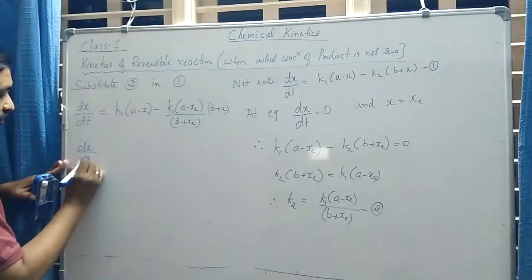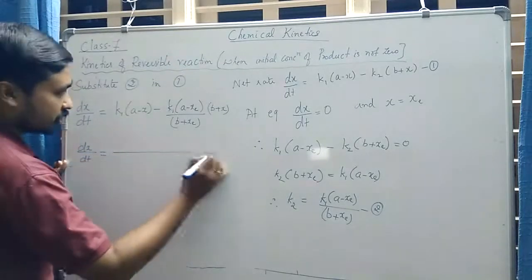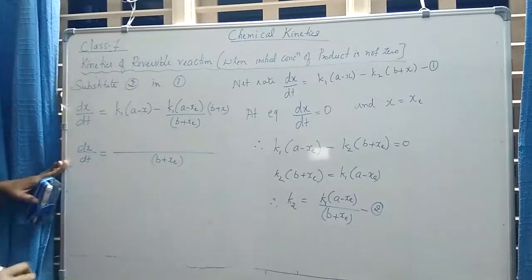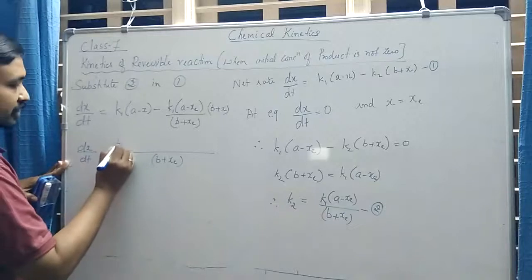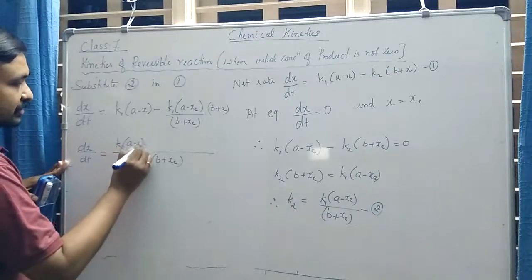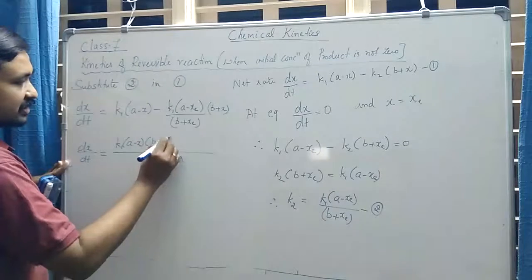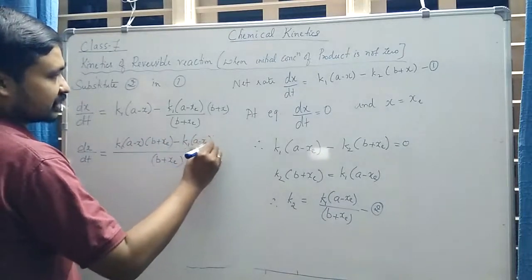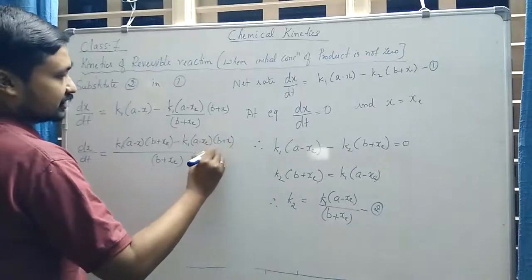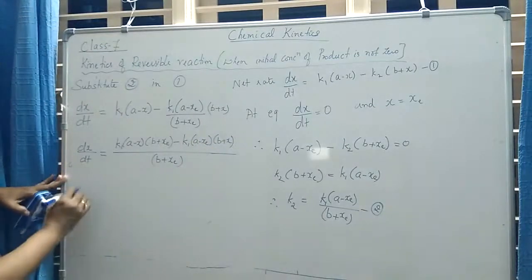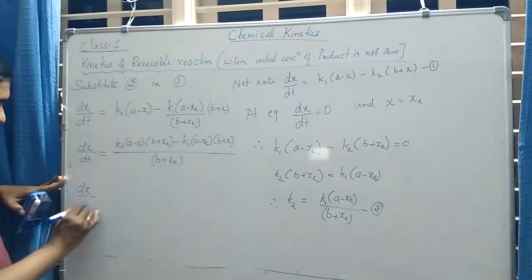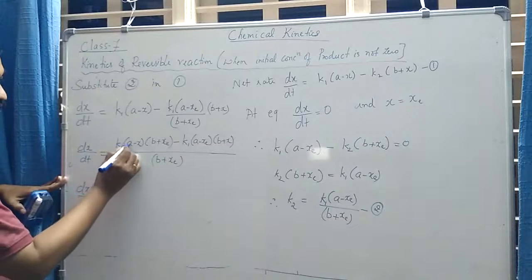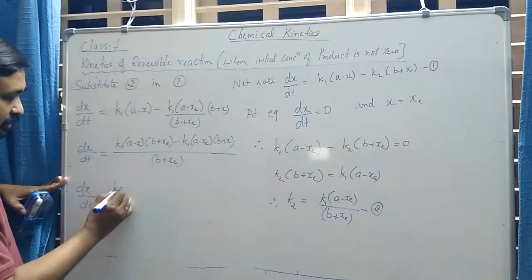dx by dt is equal to, if we take the common denominator as b plus xe, we get k1 into (a minus x) into (b plus xe), that is the first term, minus k1 into (a minus xe) into (b plus x), that is the second term. So let us simplify the numerator. The first term is k1 into a into b.